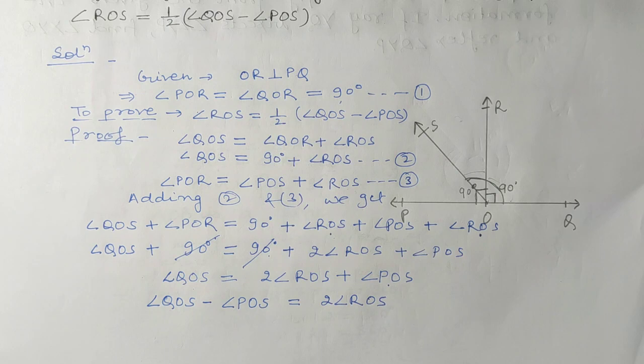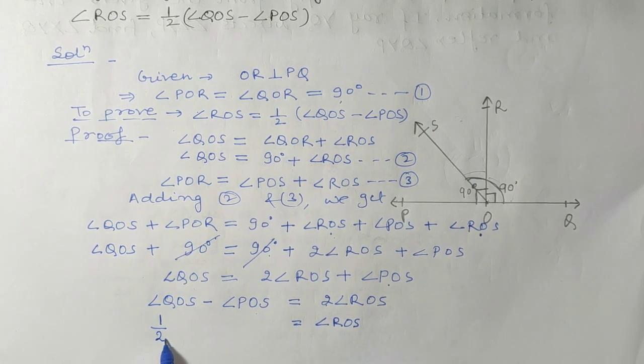Now students, we will shift this 2 to the other side. When we shift this 2, we can see that this 2 will be divided here. So we can write it, when we shift this 2 to the right hand side, what is left? Only ROS, and in left hand side this 2 will divide here.